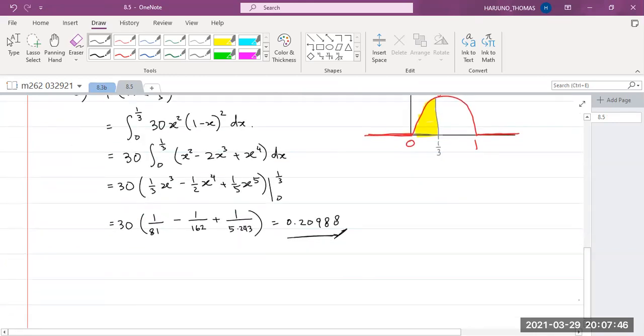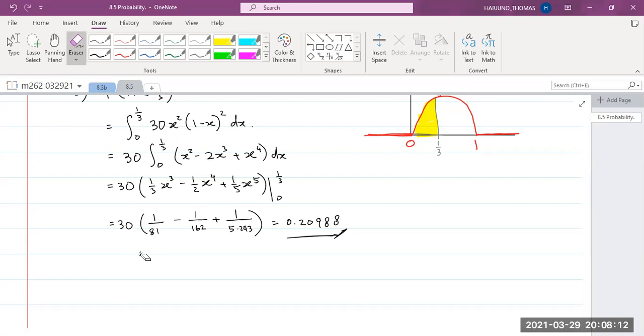I wonder if you can do this without a calculator. Can you do this without a calculator? Well, don't worry about it then. Just use a calculator. So that's the probability for that event. And that's basically it.